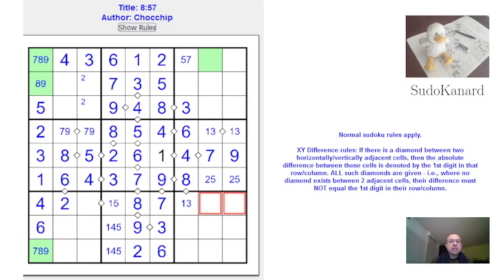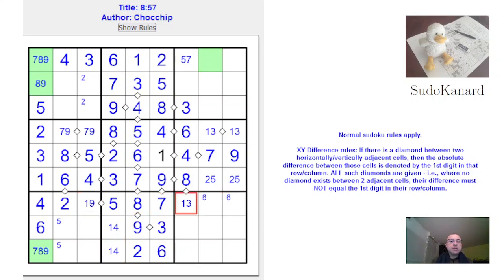That's not 6, so 6 is somewhere here. Five is somewhere down there. Oh, there's a 4 here, so 1 here won't work because of the 5. So this is 5, and this is 1 or 9.